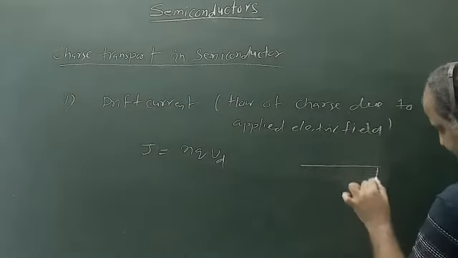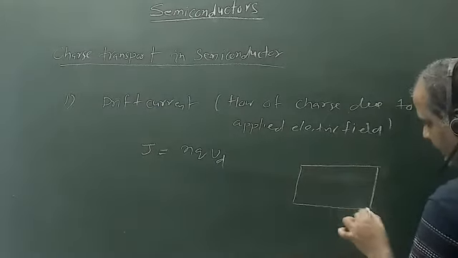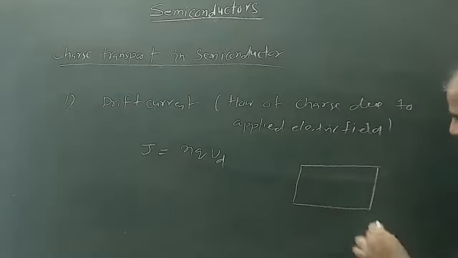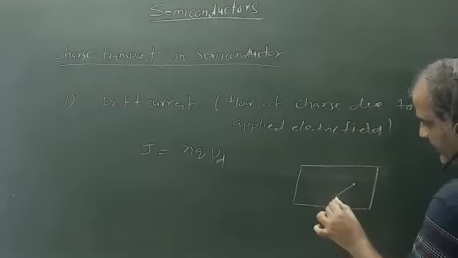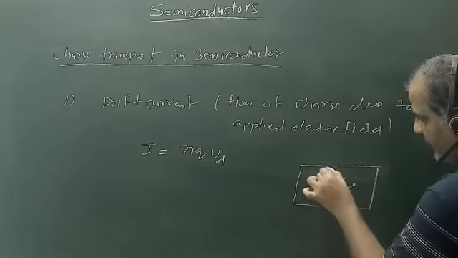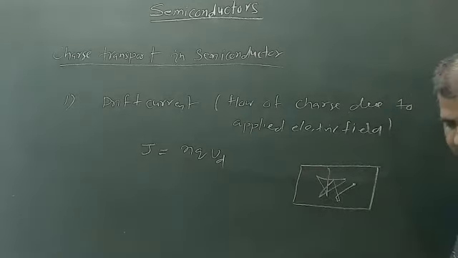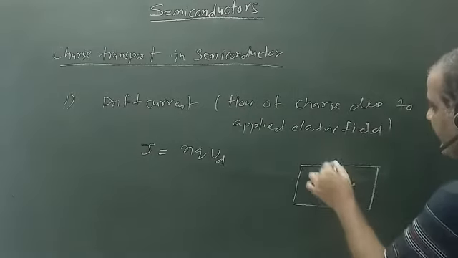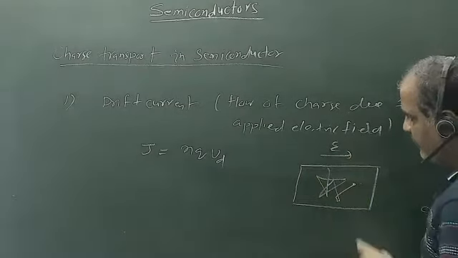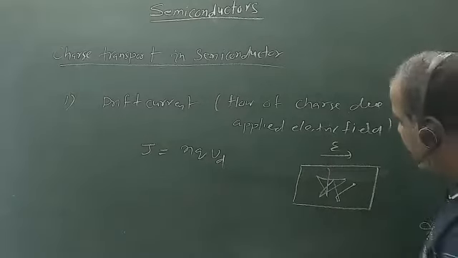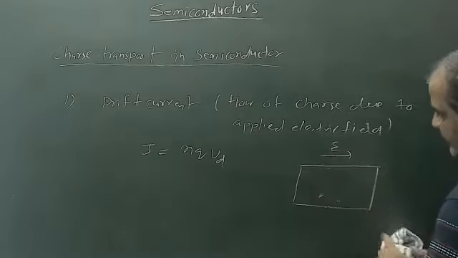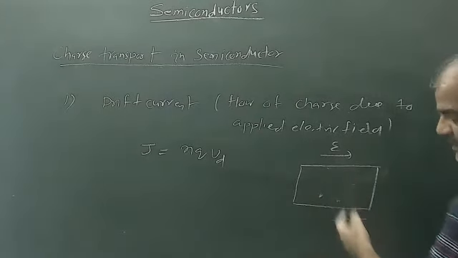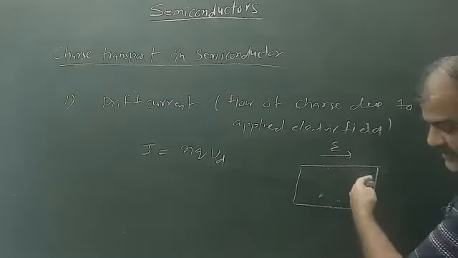So I know this is my semiconductor sample, and suppose I have only electrons or holes. Okay, so these electrons are doing random motion at all temperatures. So when I apply electric field, because of this electric field, they get velocity in a certain direction, in the direction of electric field if they are holes, or opposite to the electric field if they are electrons.